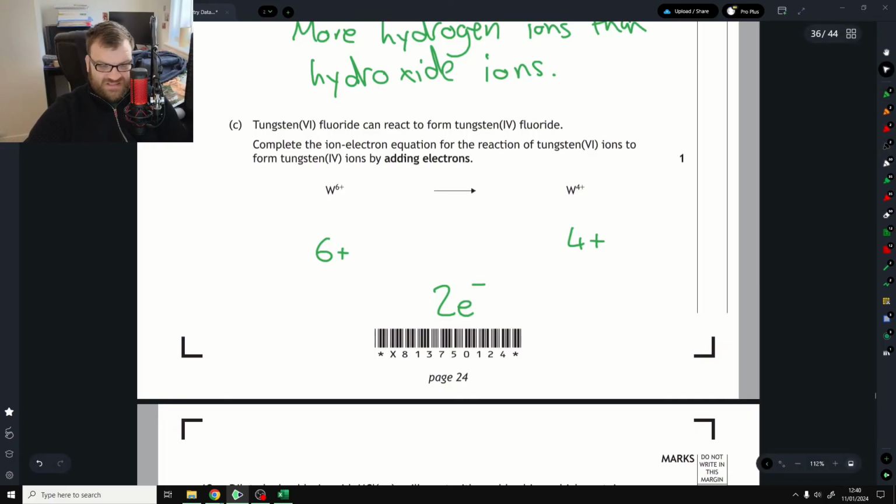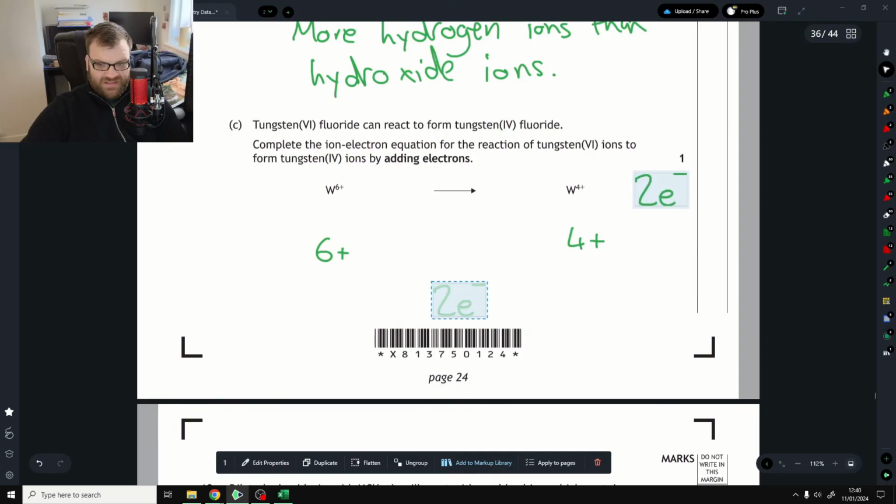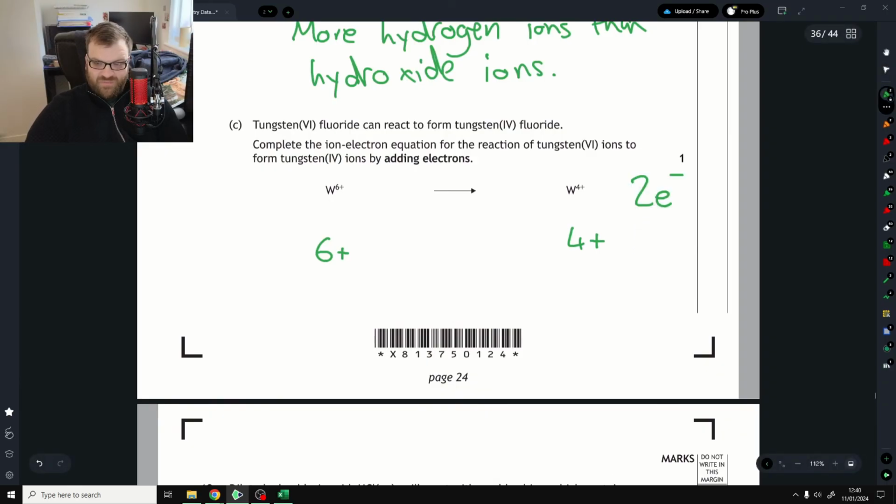Now, in terms of what side you want to put them on, if I was to put them on this right-hand side, well, now I've got 4 pluses and 2 negatives from the electrons. That would give me 2+ overall. They are not the same on both sides. That's not going to help us at all.